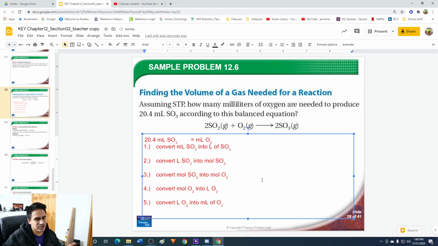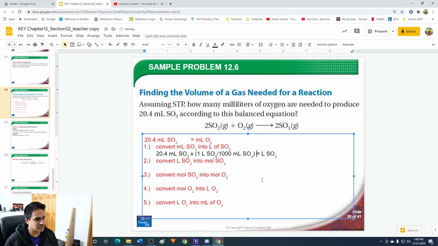Now this is just a metric conversion. So basically 20.4 milliliters of SO3. Milli means 1,000 times smaller. So there are 1,000 milliliters in 1 liter. So to do this conversion, we're going to multiply this by 1 liter of SO3 over 1,000 milliliters of SO3.